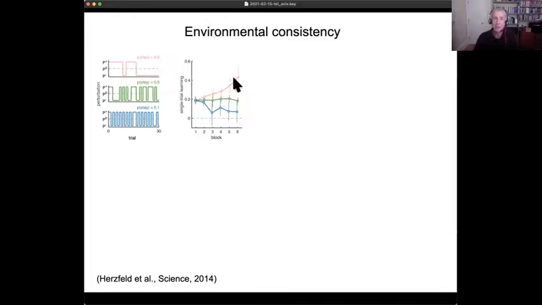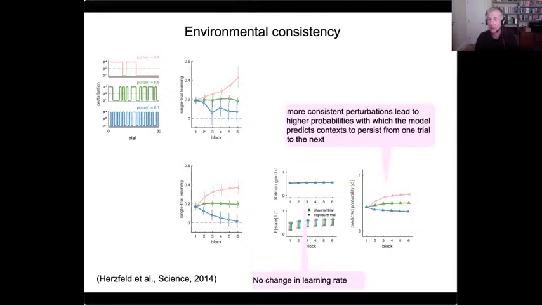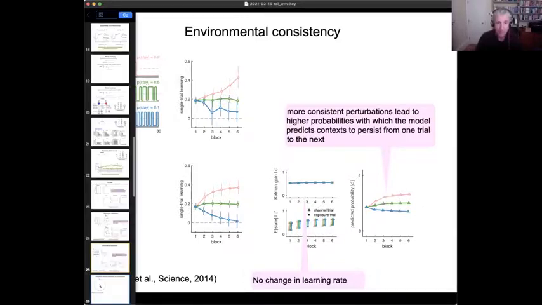The learning rate went up for the consistent environment, down for the inconsistent. If we run our model on this, we get a qualitatively similar effect. But again, it's got nothing to do with learning rates. The learning rates don't change at all. The critical thing is how much I believe I'm going to be in the same context next trial. So if, for example, I'm in a consistent environment, I believe I'm going to be in it, therefore I express more of what I learned. So it's got to do again with contextual inference and nothing to do with learning rates.